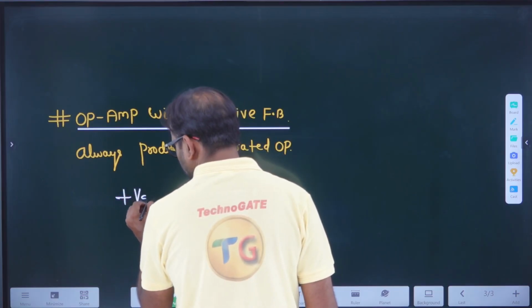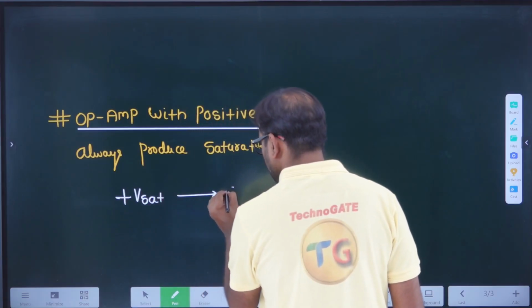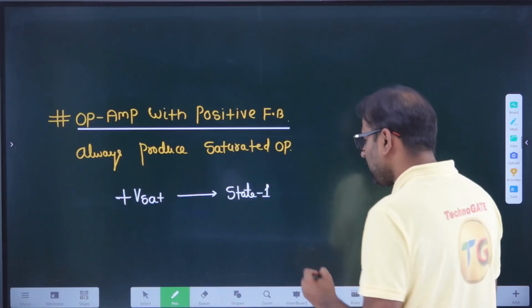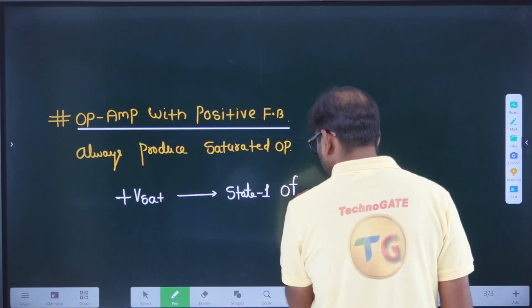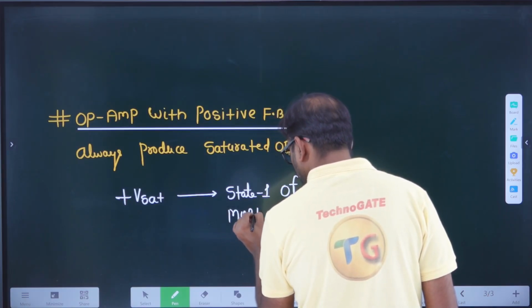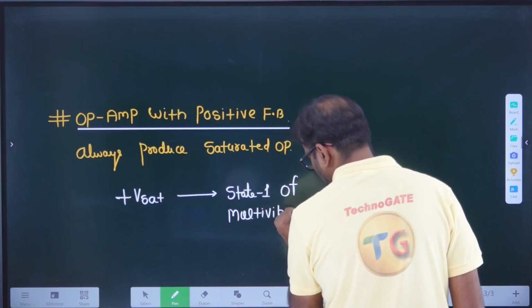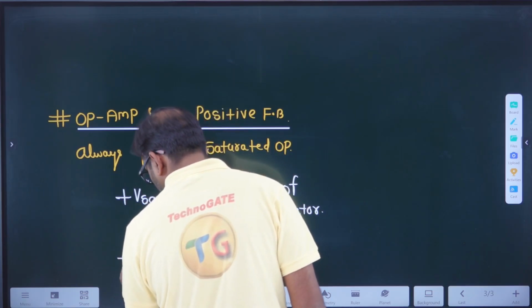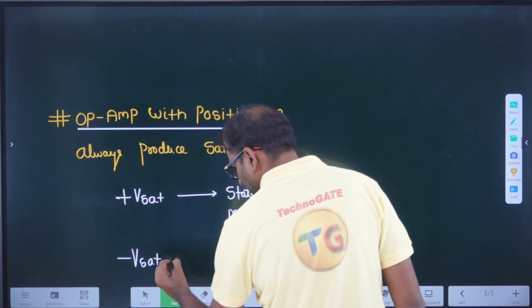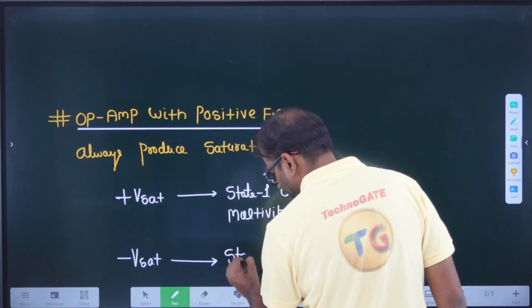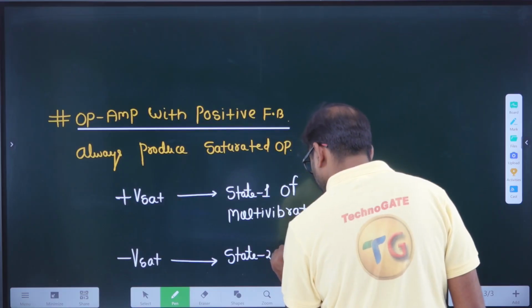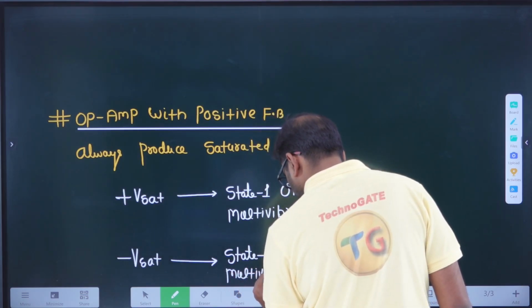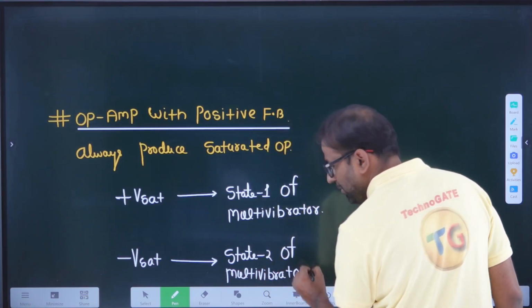Plus V saturation we can call state number 1 of the multivibrator, and minus V saturation is known as state number 2 of the multivibrator.